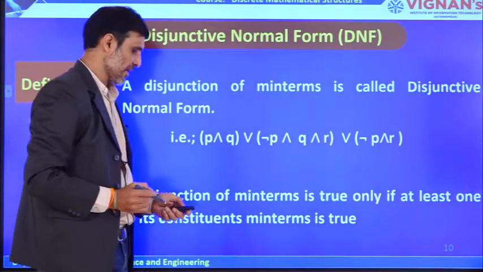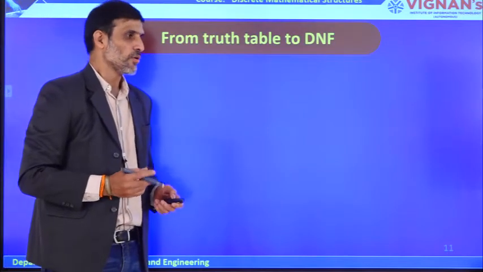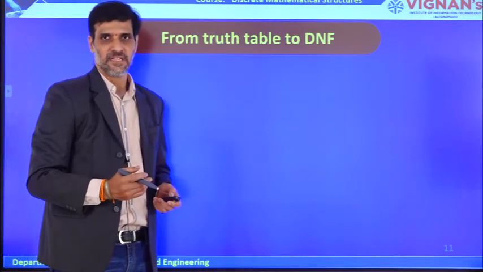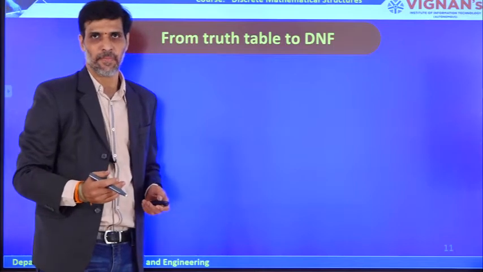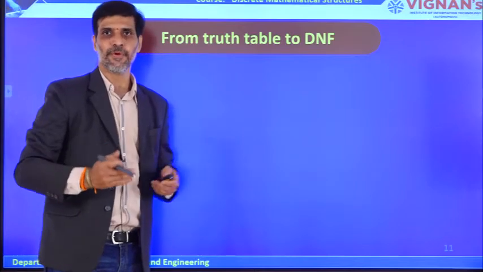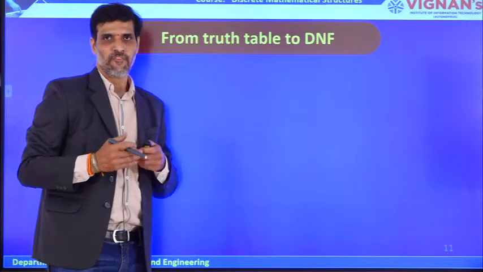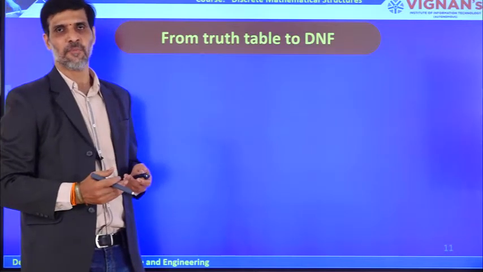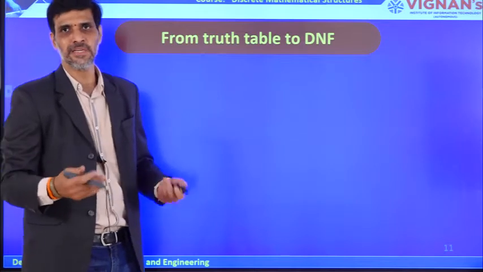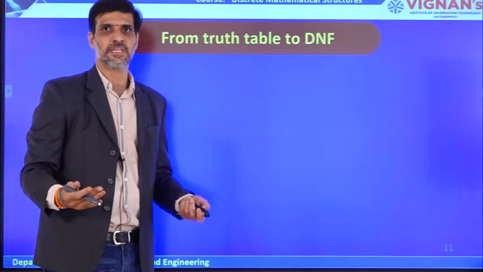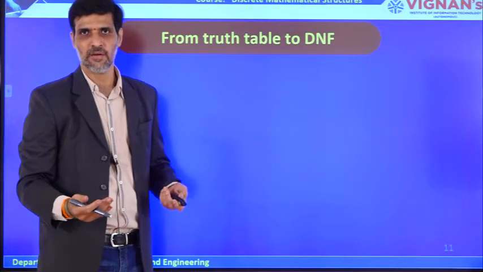So now coming to the next topic: how do we get the disjunctive normal form for a given compound proposition? Just now we discussed that in disjunctive normal form we started with a minterm. A minterm is a conjunction of literals.